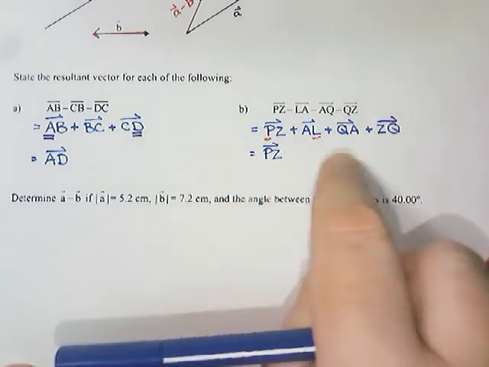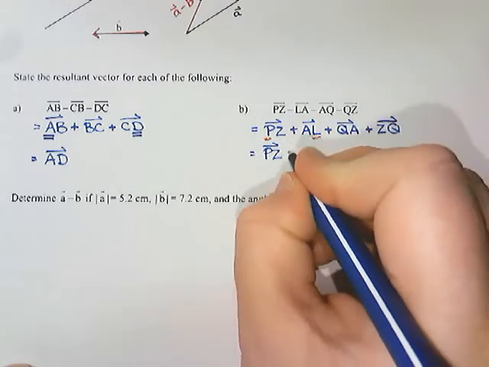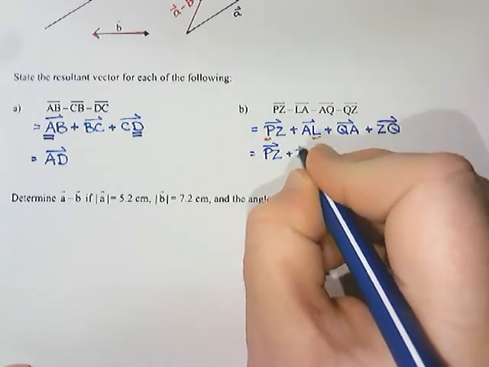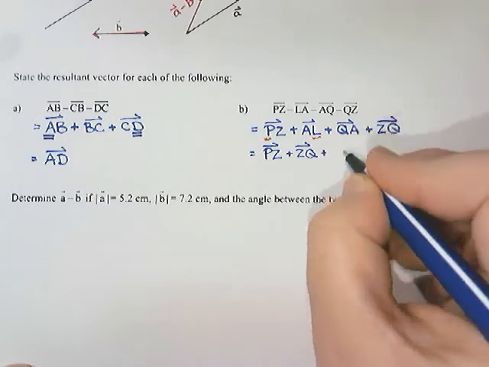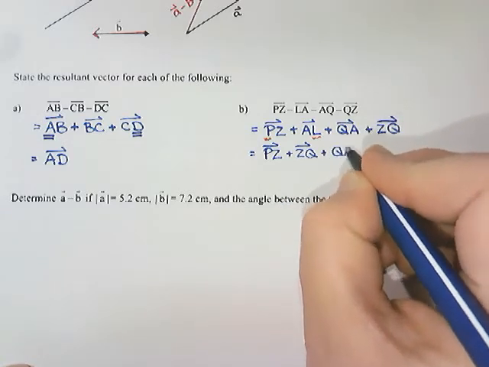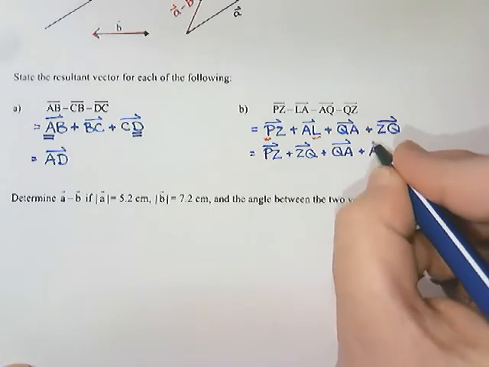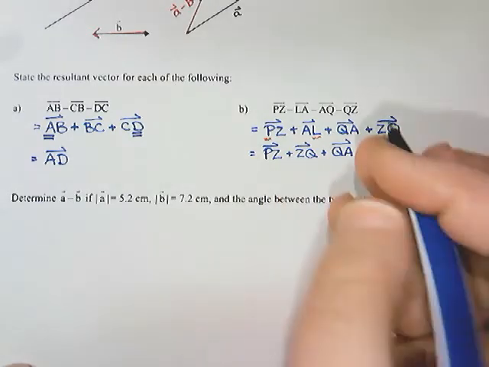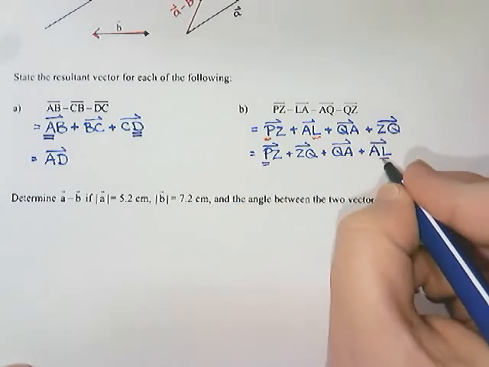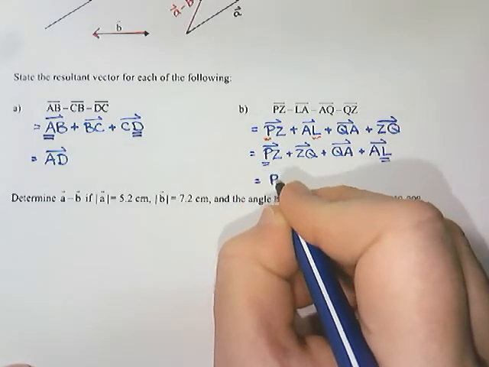And then it's going to go Z, so ZQ. The next one needs to start with Q, so QA. And then the next one should start with A, and I have AL. And that's all 4 of them. So we started at P, we ended at L. This is the vector PL.